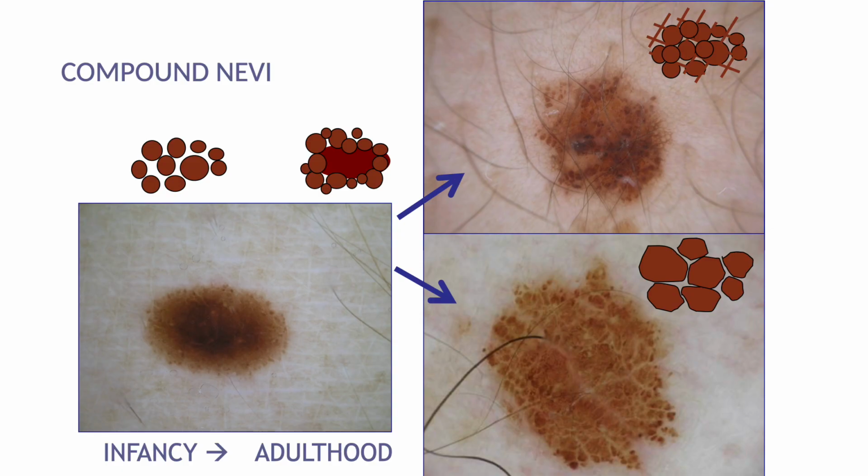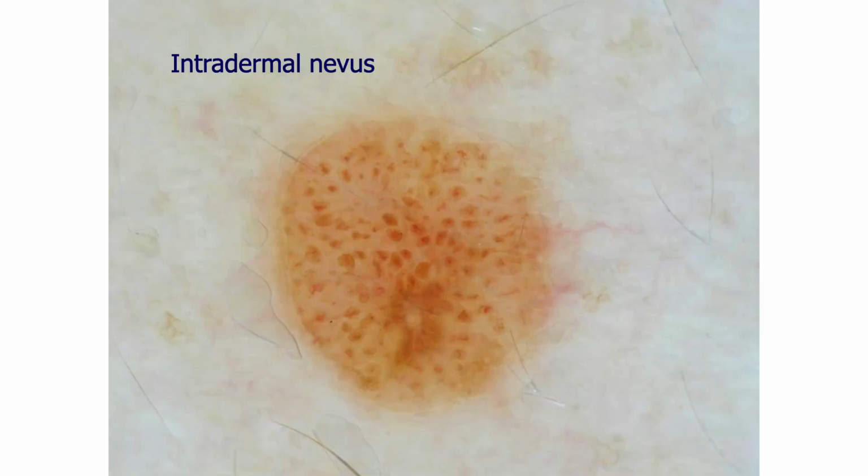And we know that when compound nevi become more intradermal and more mature, these globular patterns will change to this globular reticular or to the typical cobblestone pattern, which are these bigger and polygonal globules that are typical of the intradermal nevus.